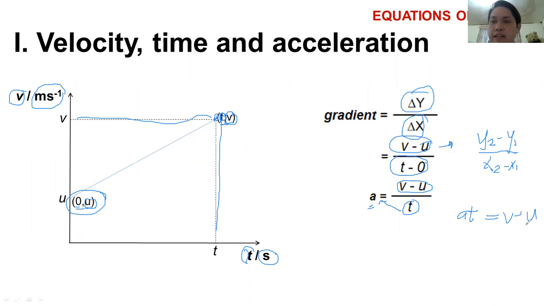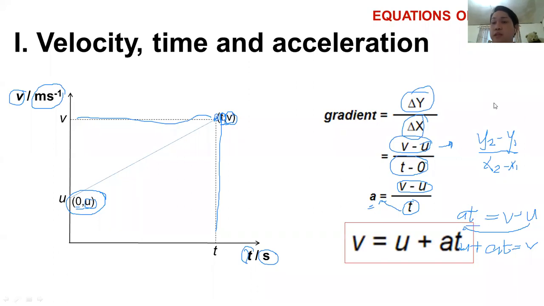After that, you can transpose the u here, so that becomes u plus at equals v. So now we have the final equation based on how we derived the velocity, time and acceleration.